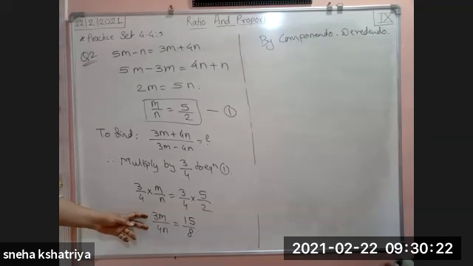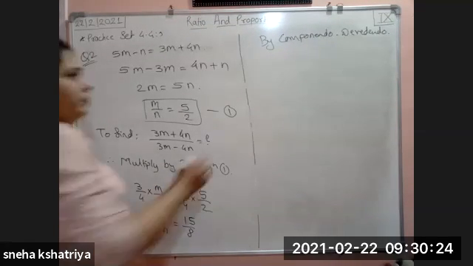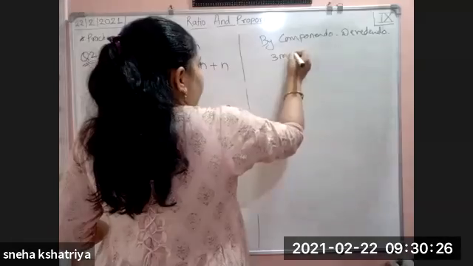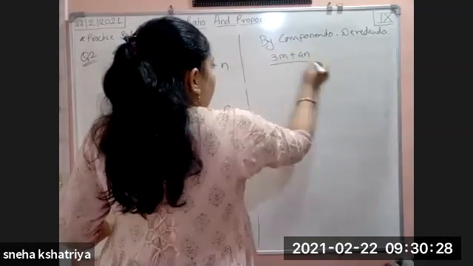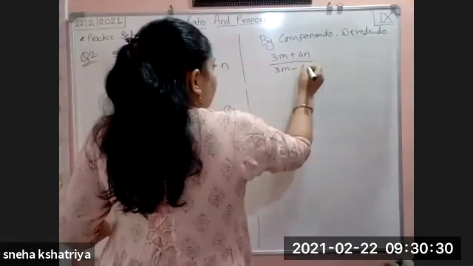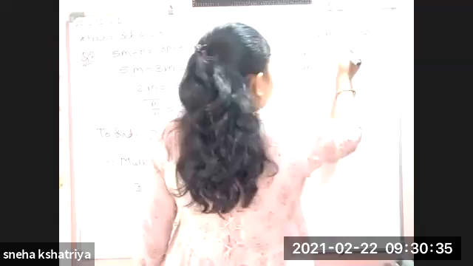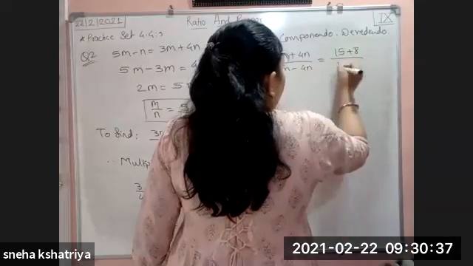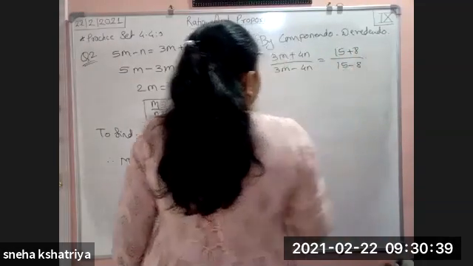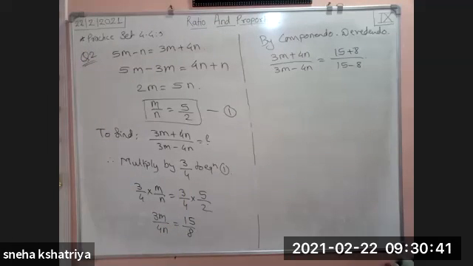3m plus 4n upon 3m minus 4n. At right side also 15 plus 8 divided by 15 minus 8. So 15 plus 8, 23. 15 minus 8, 7.